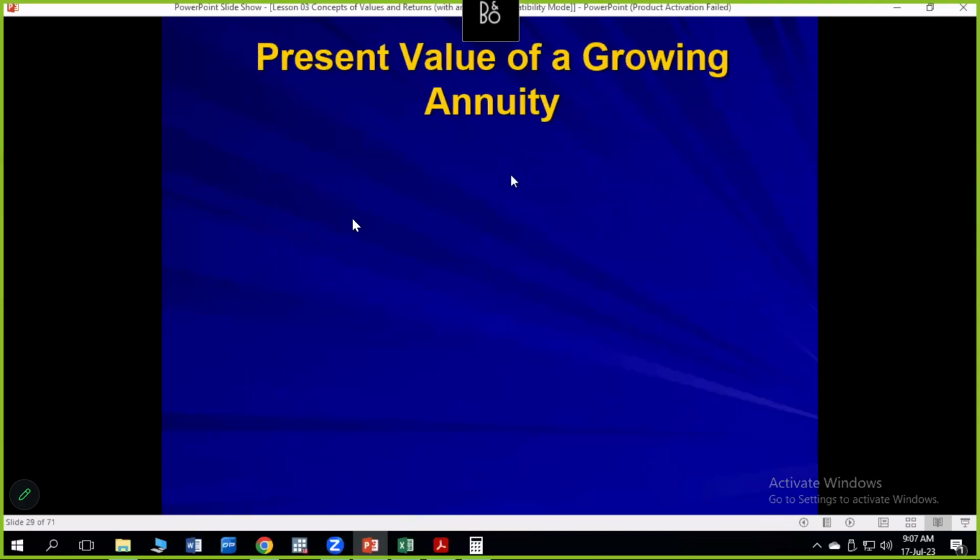Then the present value of a growing annuity. Put the title: present value of a growing annuity. So what do you mean by that? In the previous cases, you learned about annuity. Annuity is the same amount over a definite period.